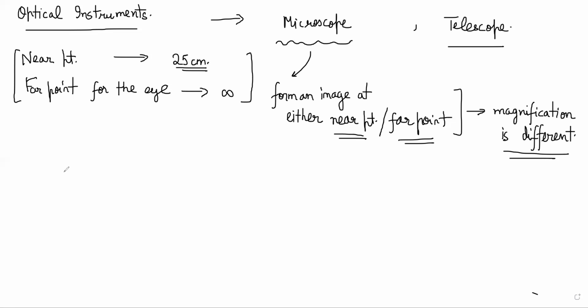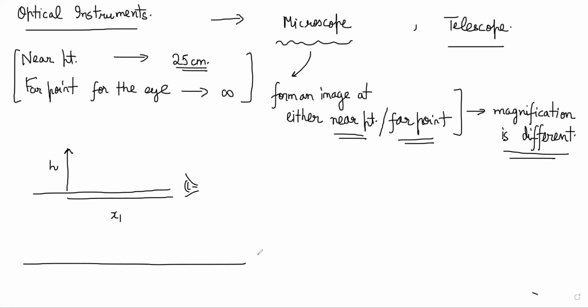The idea about magnification that you should get a sense of is mostly, let's say this is the eye and this is an object h at a distance, let's say x1, and another situation where I is here and h is here and this distance is x2, right? The same object, it's just that the distance is different.